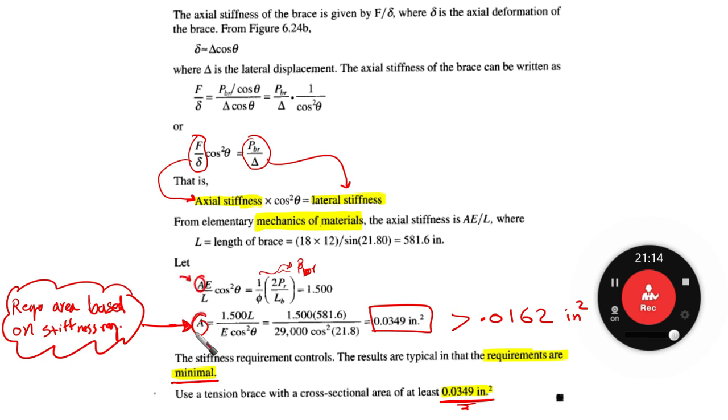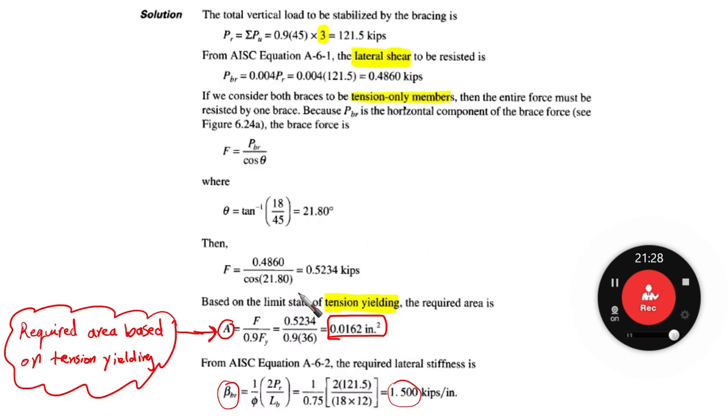So this means that A, after rearrangement of this equation, remember that this part, beta BR, we know it's 1.5. From where we got it? From here. This is the required stiffness based on A-6-2. Required lateral stiffness.